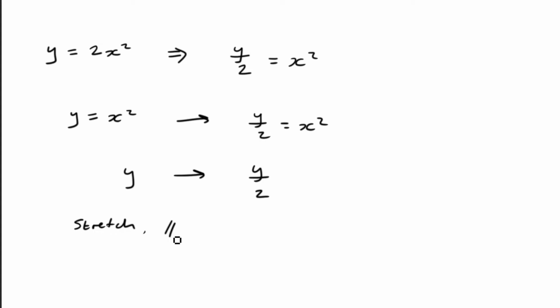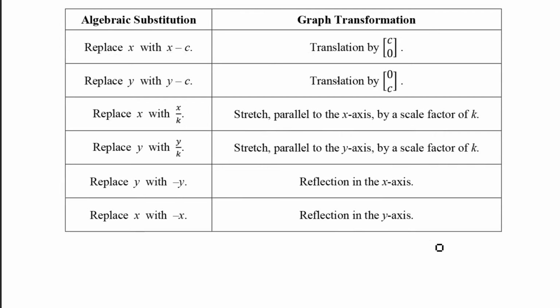That stretch will be parallel to the y-axis and of a scale factor of 2. We are using one of our stretch transformation rules. Replace y with y over k, and we have a stretch parallel to the y-axis of scale factor k.